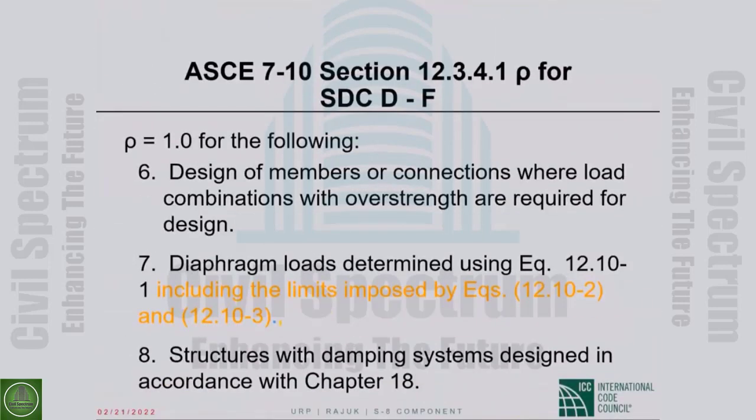Rho is equal to 1. Design of members or connections where load combinations with overstrength are required for design. So it is not only the collectors, there are other things like columns supporting discontinued shear walls that have to be designed using the load combinations with overstrength factor. And if you are doing that, then there is no need for an additional rho.